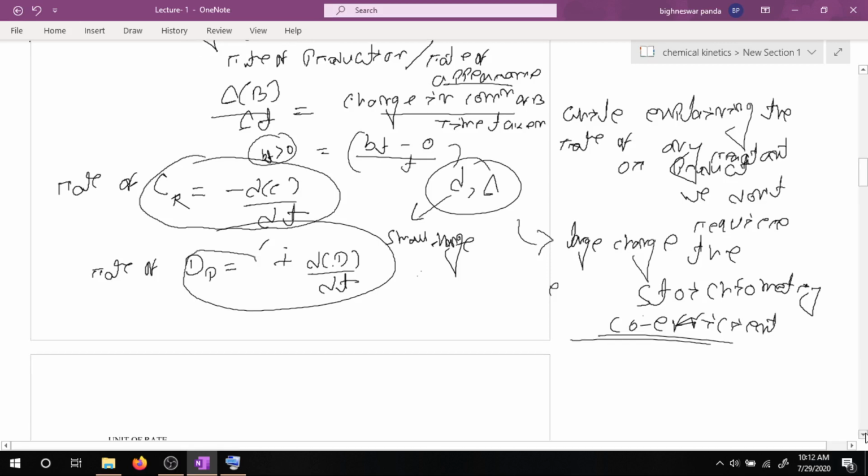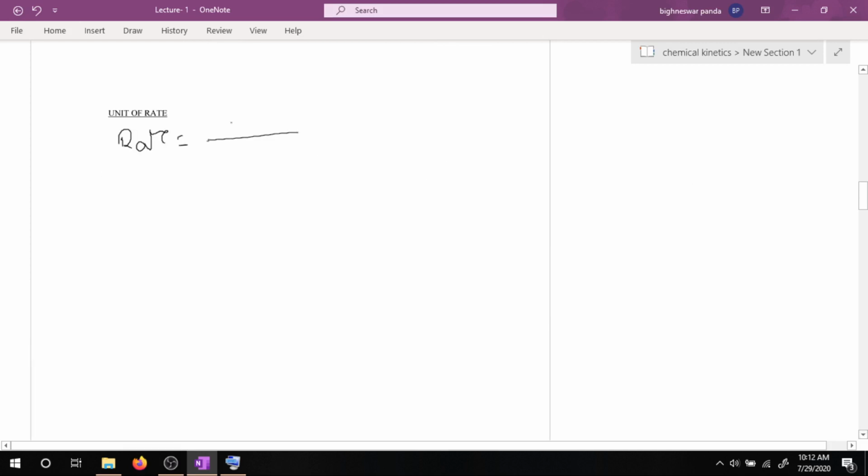Unit of rate. What is the unit of rate? Simply, rate is equal to change in concentration divided by time. So we know that concentration has unit mole per liter. So for writing the rate of a chemical reaction, I have two cases.